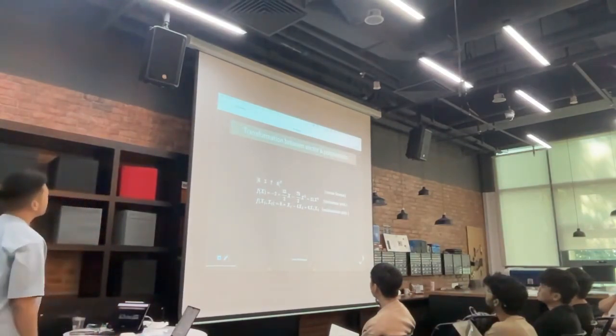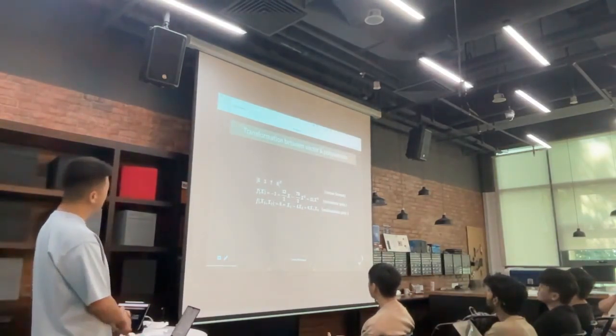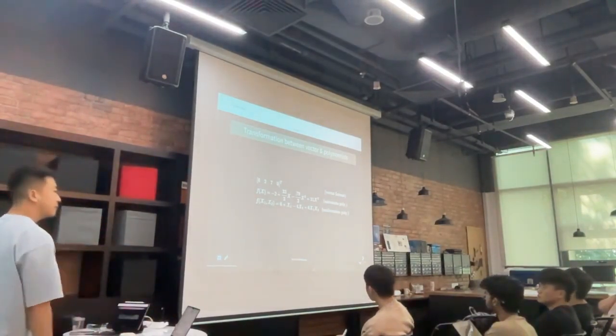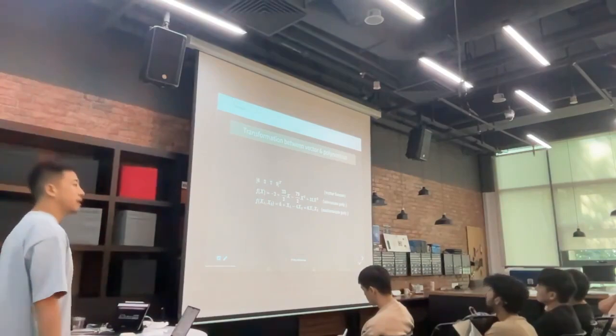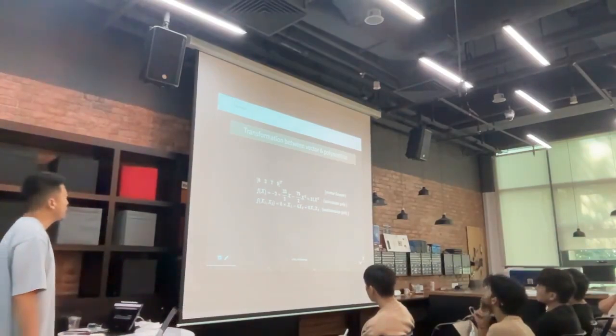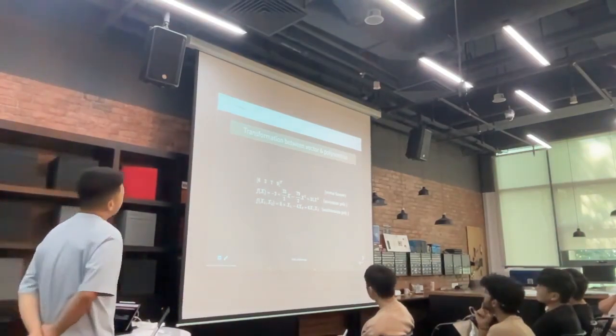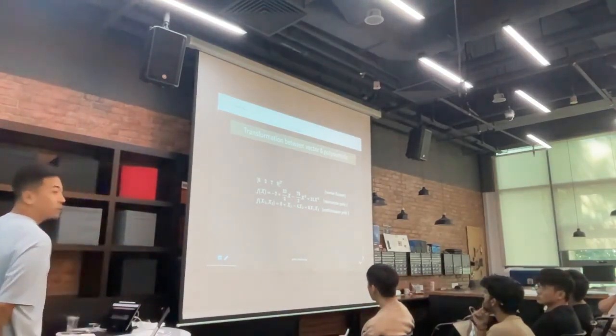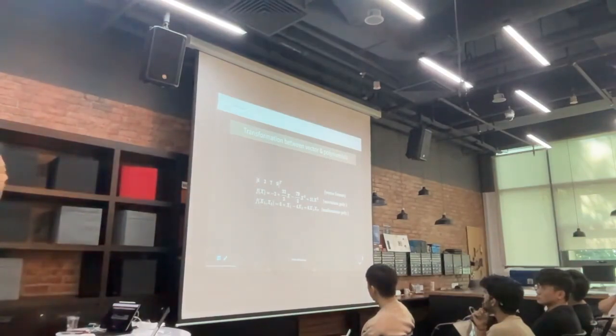So here is a transformation between vector and polynomial. We are saying the same thing. First, we have the data in vector format, and we encode the data into univariate polynomial format, and we can also encode the data into multivariate polynomial form.